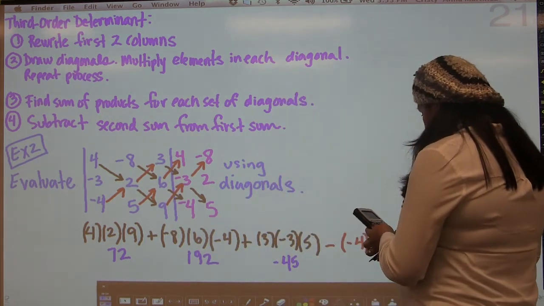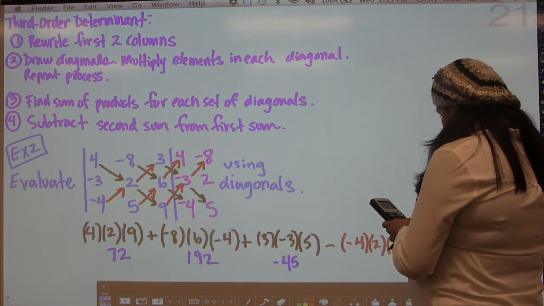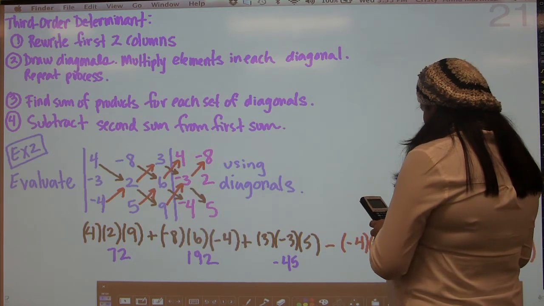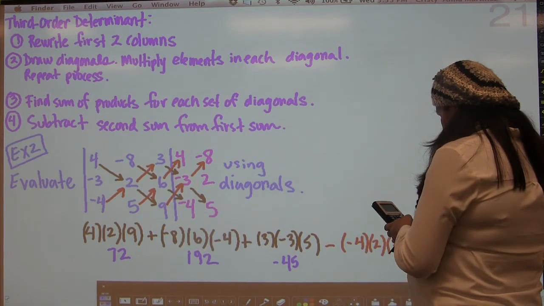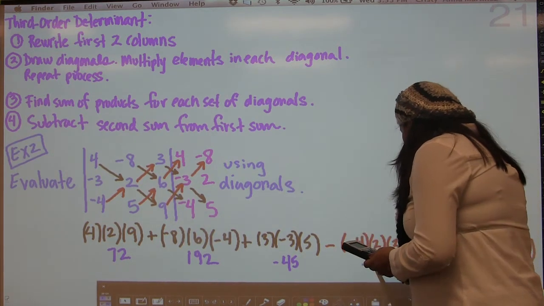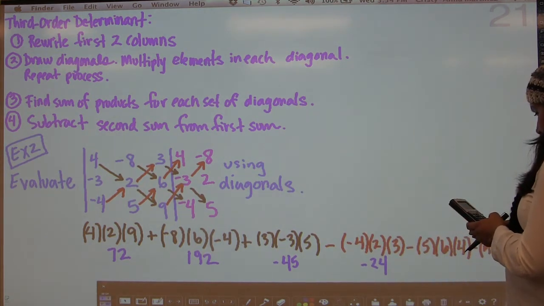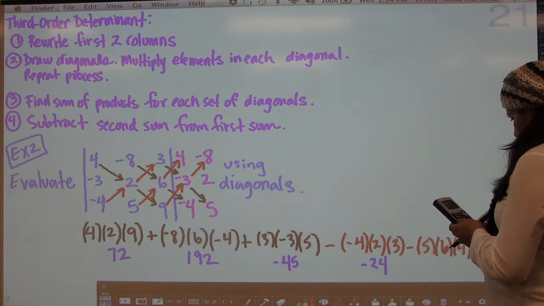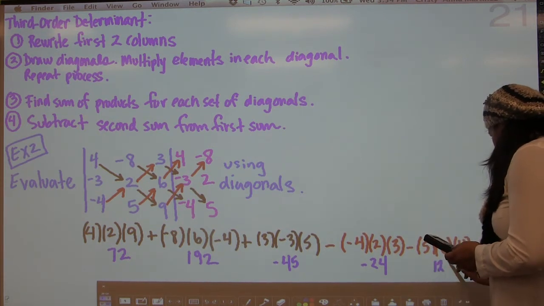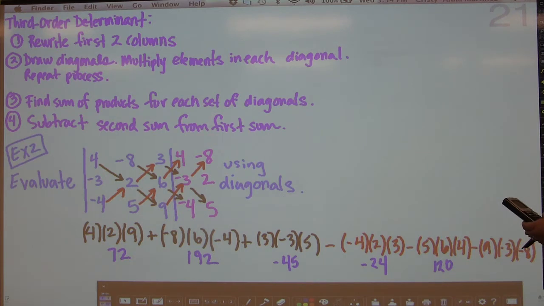And then over here we're going to do -4 times 2, which is -8. And then -8 times 3 is -24. And then 5 times 6 is 30, and 30 times 4 is 120. And 9 times negative 3 is negative 27, and negative 27 times negative 8 is going to be 216.